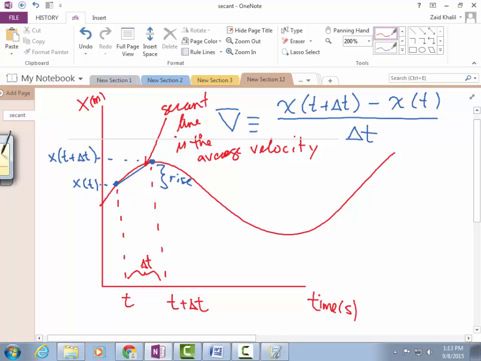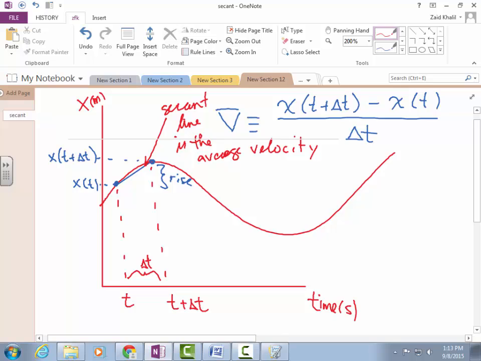Can the average velocity be defined at a point, yes or no? And the answer is no. By the very definition of average velocity, you need 2 points in time.